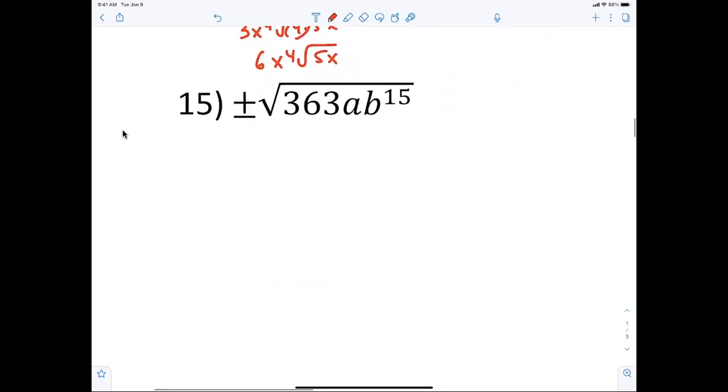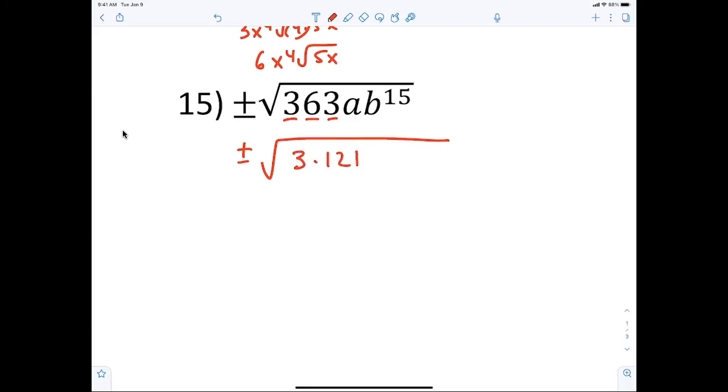All right, so plus or minus the square root of 363. Someone want to help me out with that? No, you don't. Look at the 3 and the 6 and the 3. What goes into all 3 of those numbers? 3, right? So it'd be 3 times what? 121. Why is 121 good?